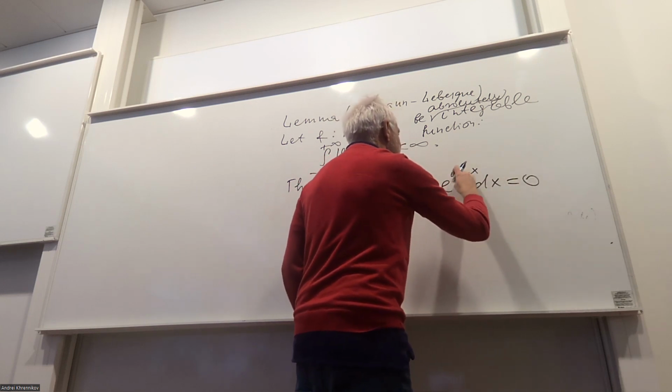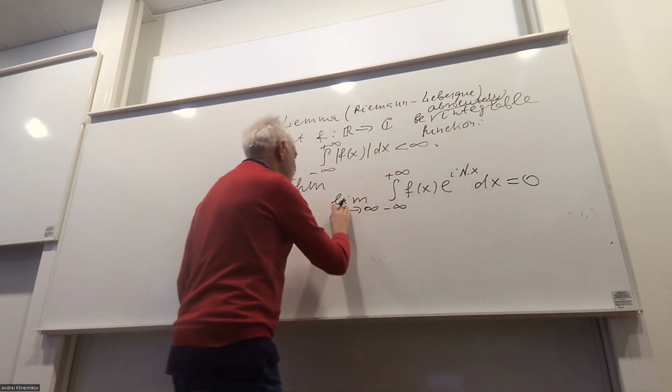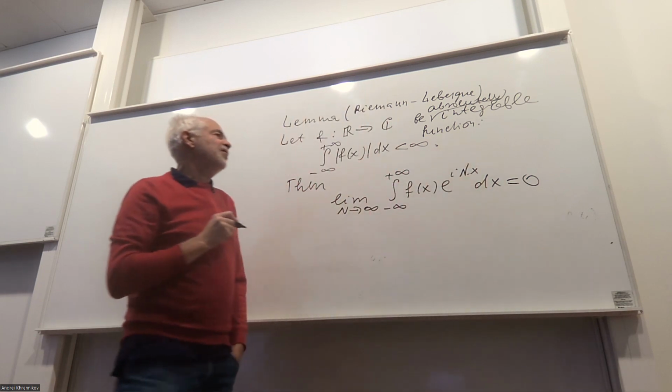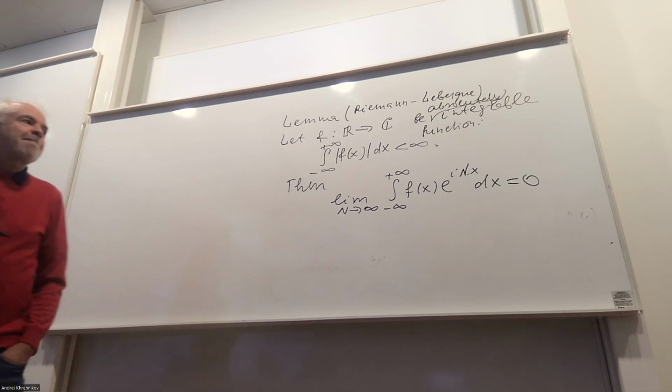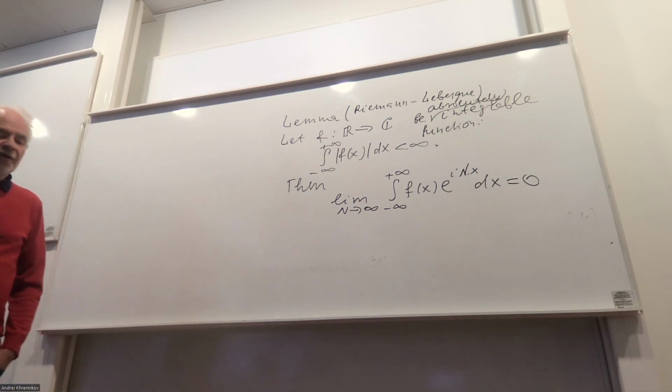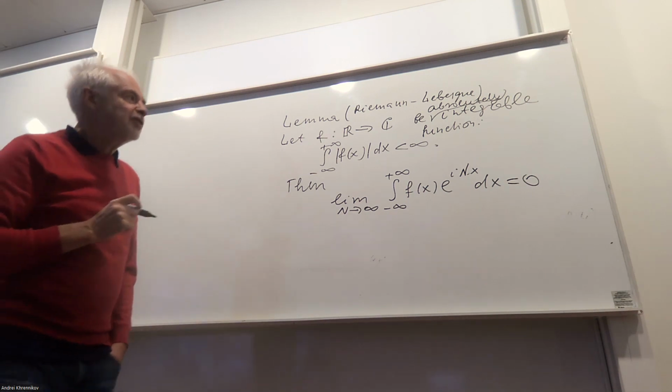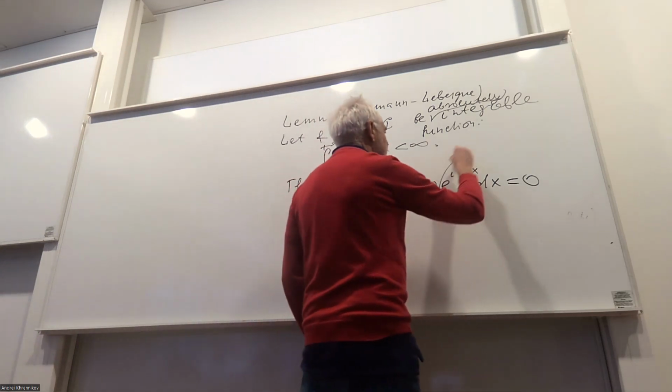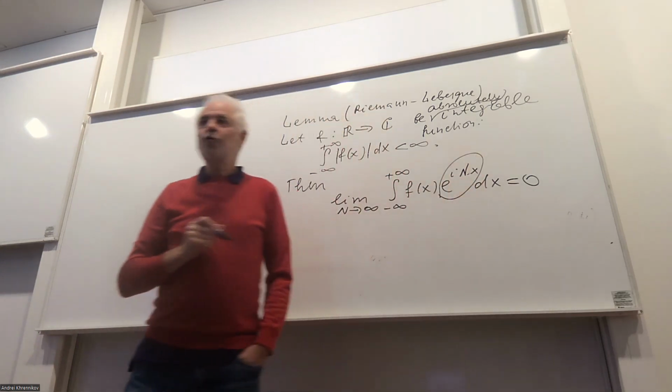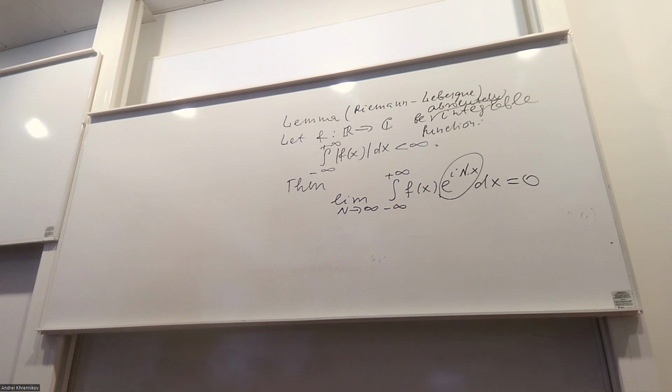Or let us write n here, as in our text. So if we take any integrable function multiplied by such an exponent and n goes to infinity, this integral goes to 0.